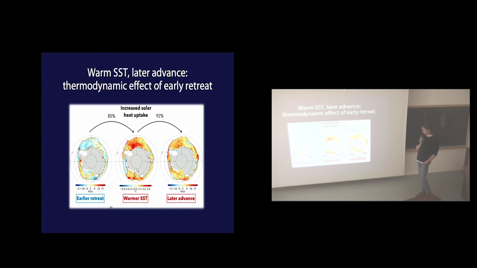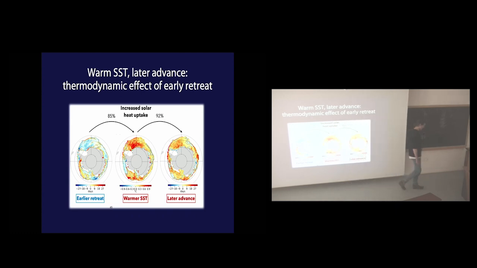Earlier retreat coincides with warmer SST in 85% of the regions, and later advance coincides with warmer SST in even more regions. So that suggests that what happens in the summer is essentially a thermodynamic response to earlier retreat. And then the next question is why we do have this earlier retreat of sea ice.